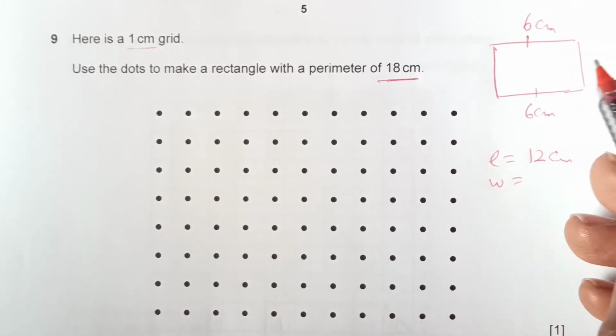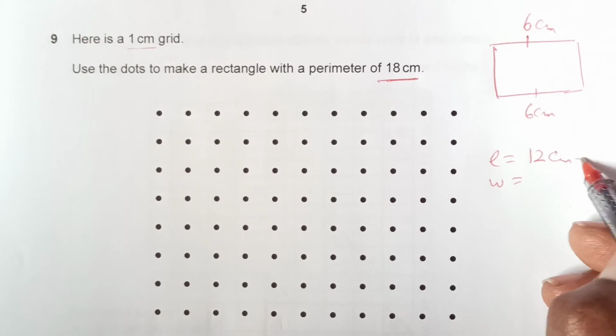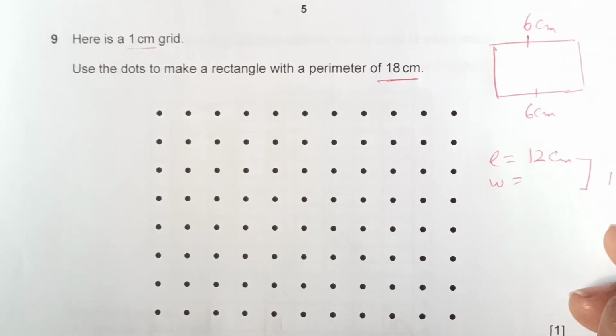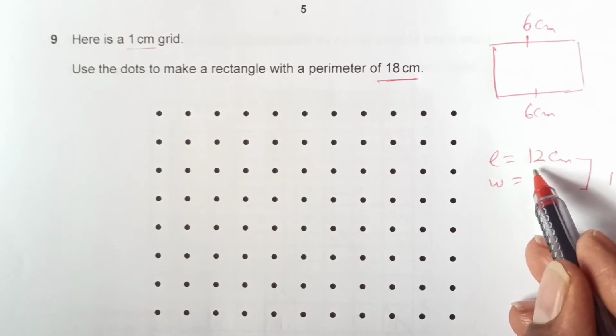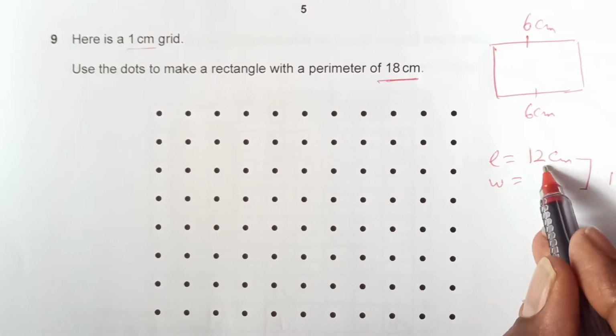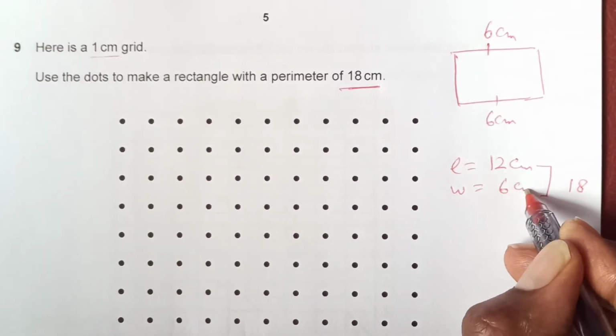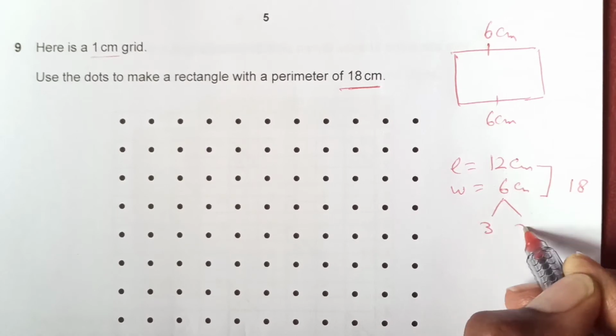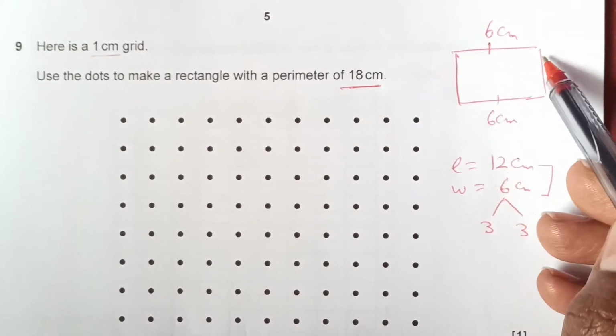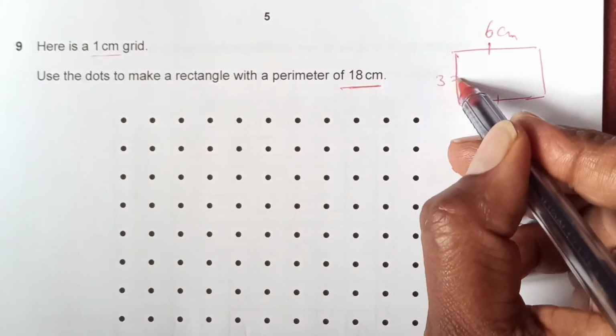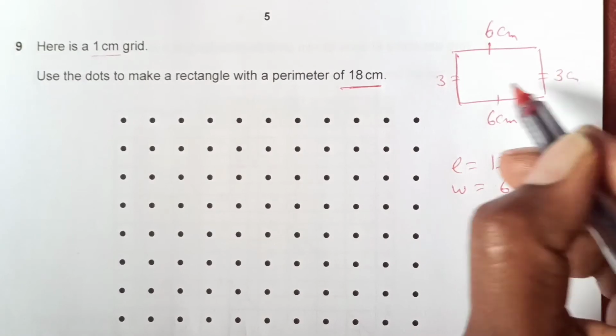Okay, now we are looking for the width, and the total of length and width is 18. We are given this is 18. So that means what should remain here is 18 minus 12. 18 minus 12, this will be 6 centimeters here. And then 6 can be divided into 2, like this length and this length here. This is 3 and this should be 3.